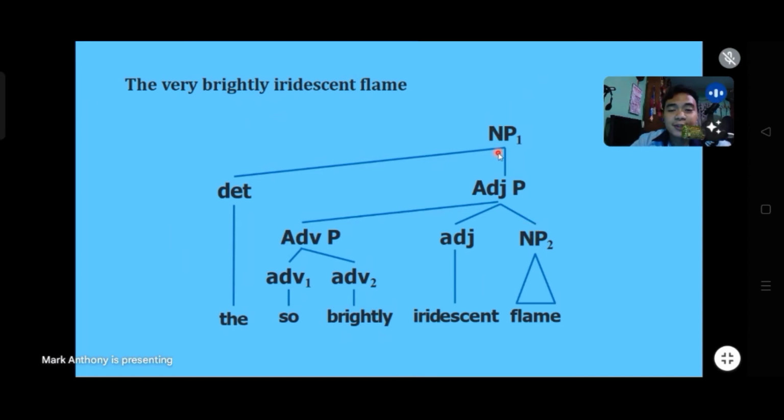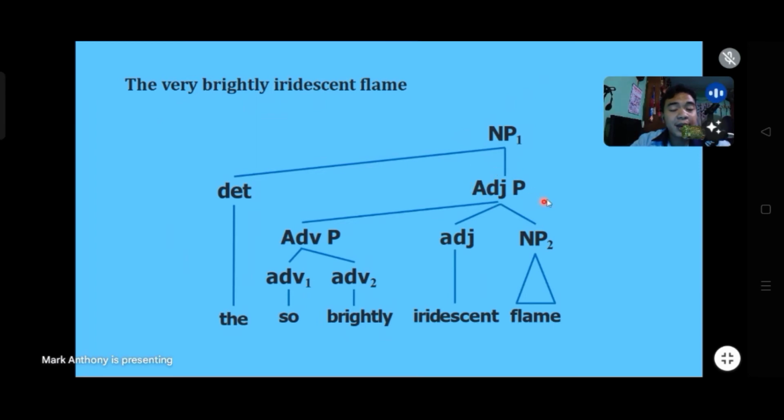So let's start by analyzing the word the. The word the is again our determiner, and we have the rest, which is the very brightly iridescent flame, which falls under the adjective phrase.